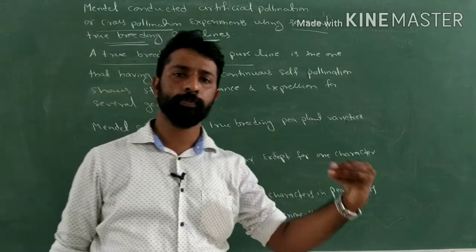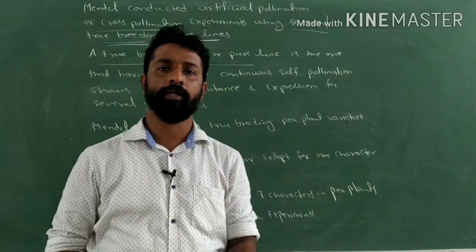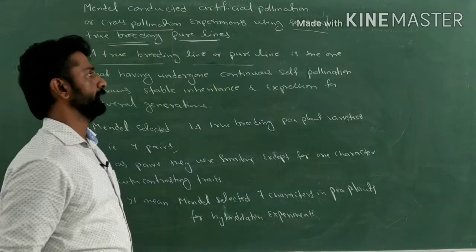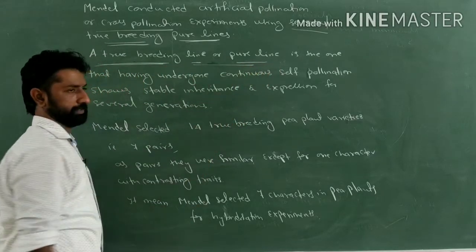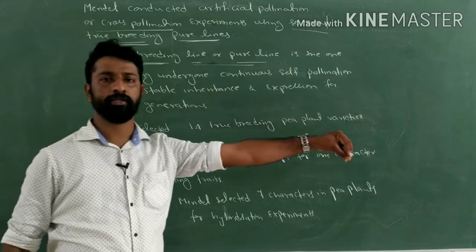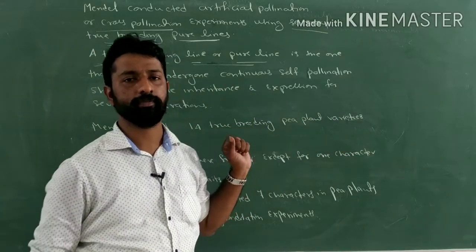Then what do you mean by a true breeding line or the pure line of a plant? See, this definition is very important for NEET and CET as well as the PU examination.